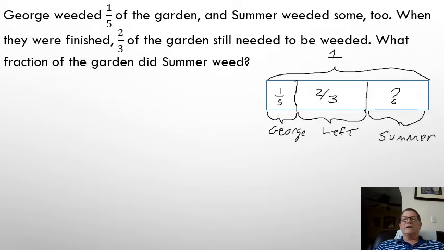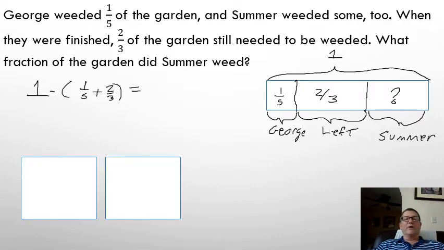So as we can see, what we need to do here, if we take 1 and we add 1/5 plus 2/3, and then subtract that from 1, we'll be able to find out what our answer is. So in order to add 1/5 and 2/3, we need to create equivalent fractions. So we're going to start off here with 1/5 and 2/3.